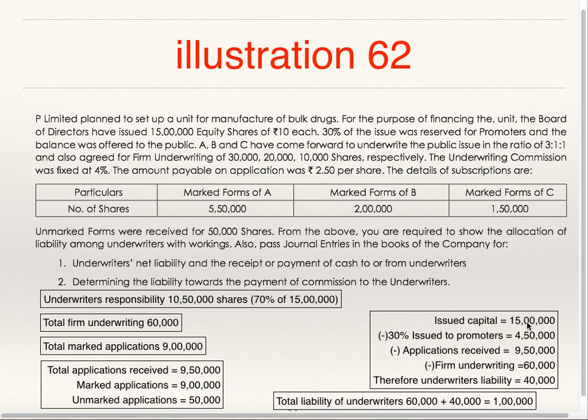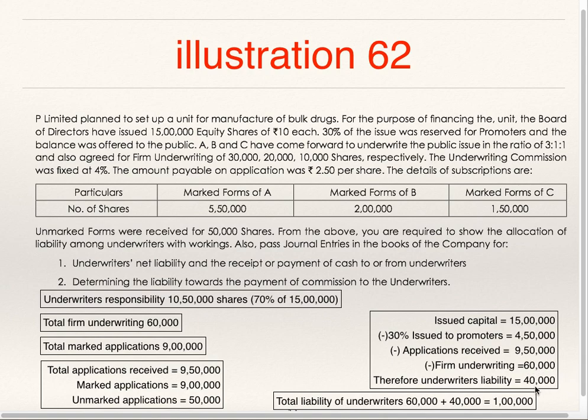What is issued capital? 15 lakhs. How much is issued to promoters? 30%, that is 4 lakh 50,000. Therefore, underwriters' responsibility is 10 lakhs 50,000. How many applications have they received? 9 lakh 50,000. So 15 lakhs minus 4 lakh 50,000 minus 9 lakh 50,000 minus firm underwriting. What is firm underwriting? 60,000.